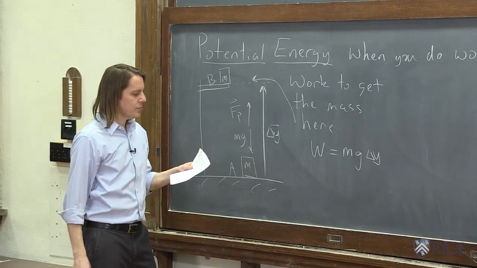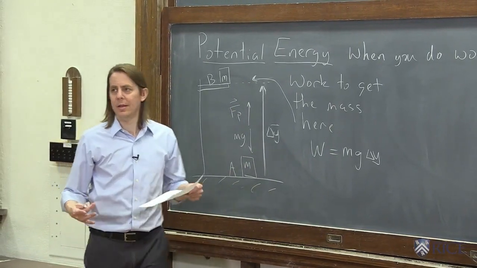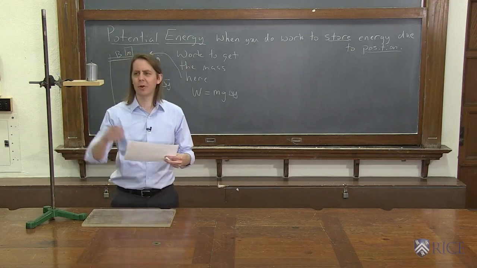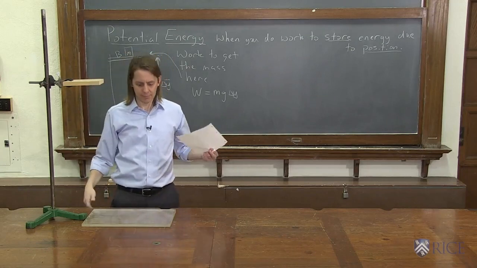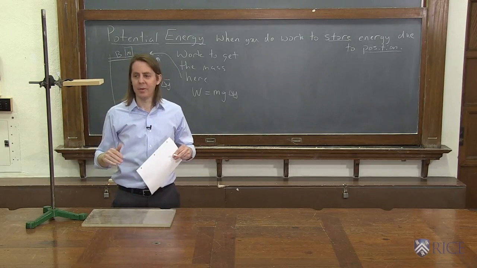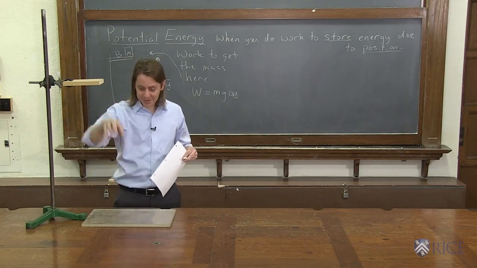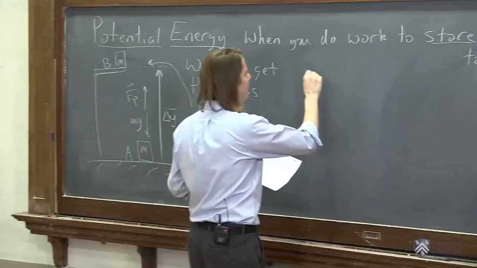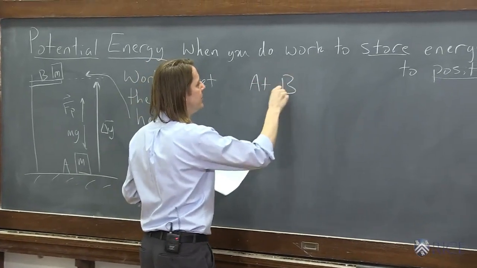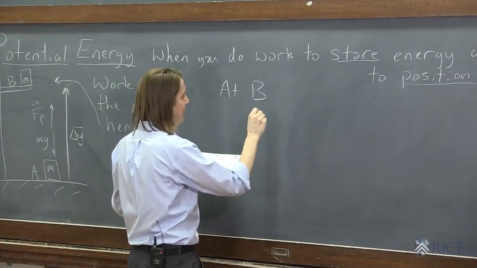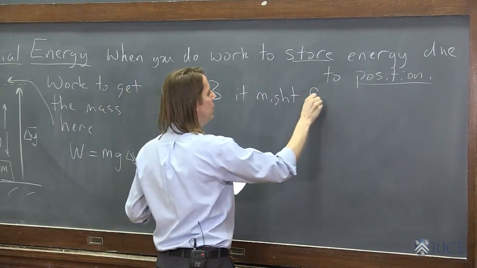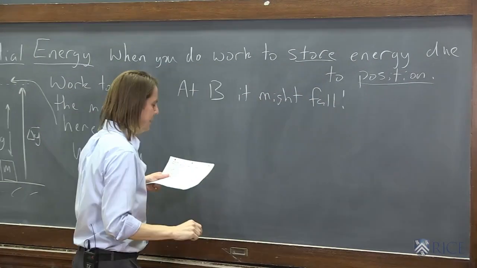Okay, so now it's at B. And at B it doesn't have any kinetic energy, right? But it has something, because what if I do this? It picked up quite a bit of kinetic energy, right? When it hit the table, it had a lot of kinetic energy. So you could also say at B, position B, it might fall. Right?